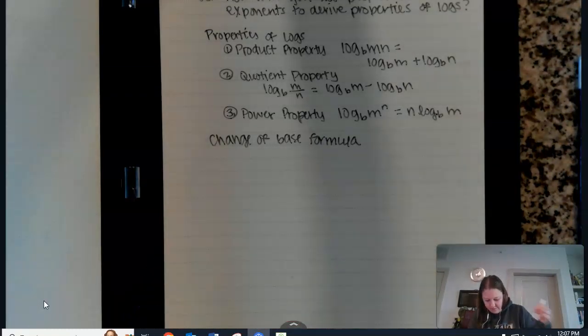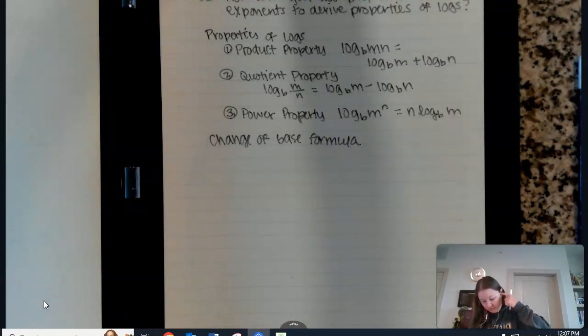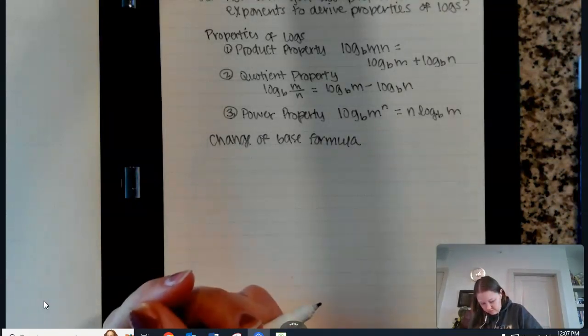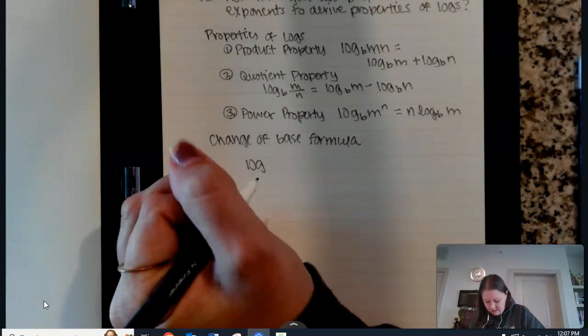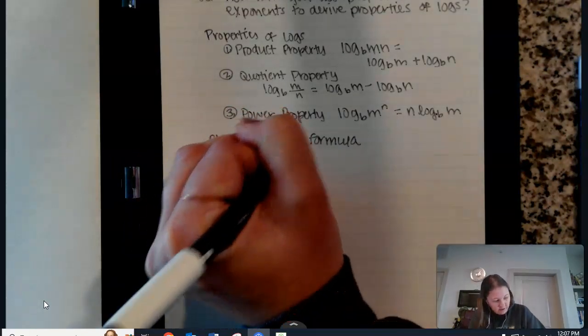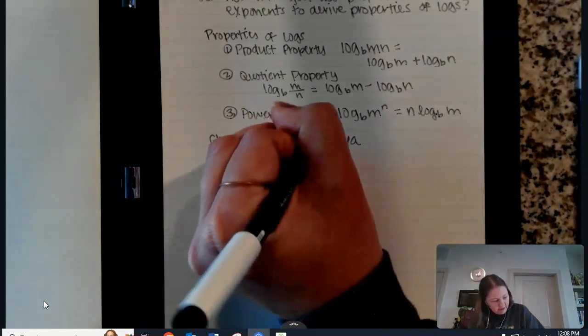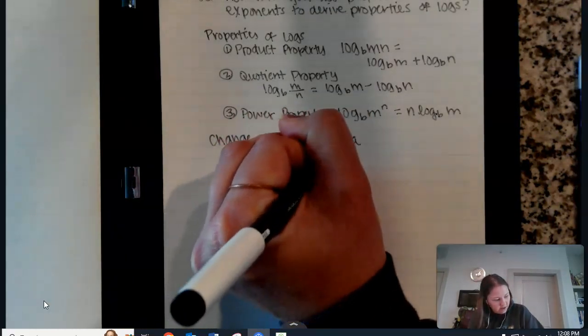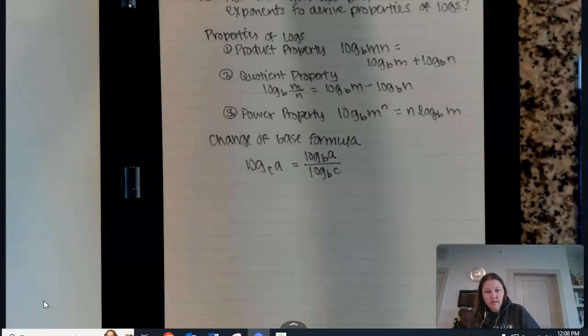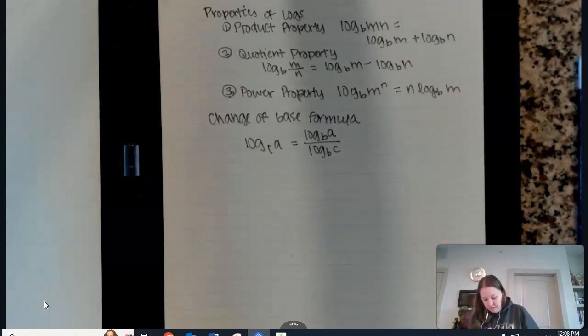Okay, so if you have log base c of a, then that's the same as log base b of a divided by log base b of c. So you'll divide them.